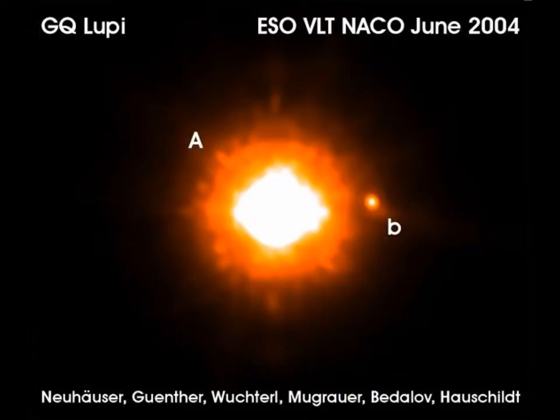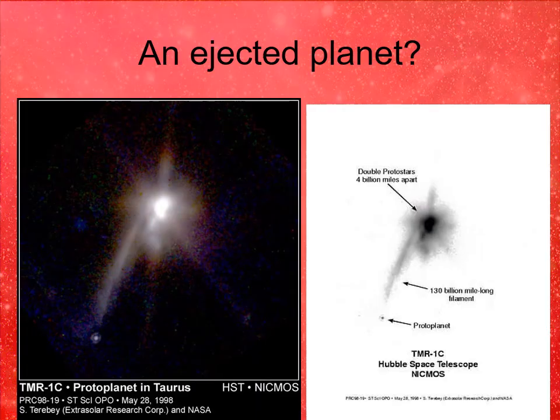Again, GQ Lupi has an object way out here that's too small to be a brown dwarf, so it's probably going to be a Jupiter-sized planet. And in fact, in the direction of Taurus, there's an object that looks like it's been kicked out from a protostar. So this is possibly a planet being kicked out.